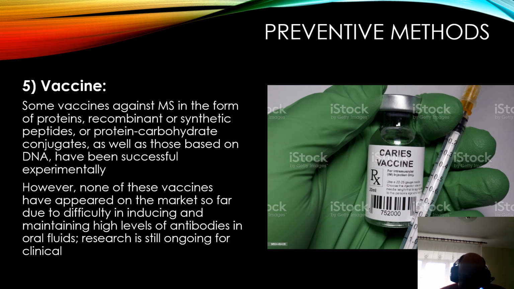However, none of these vaccines have appeared on the market so far due to difficulty in inducing and maintaining high levels of antibodies in oral fluids. Research is still ongoing for clinical use.